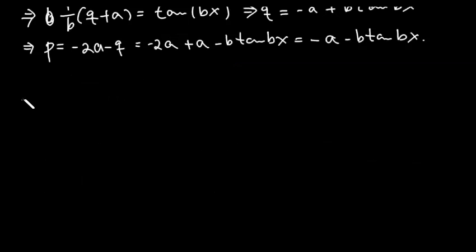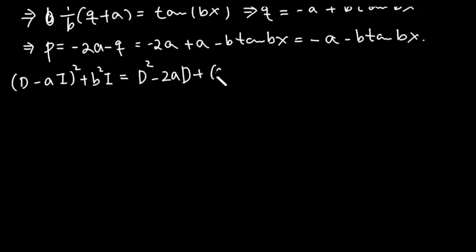So let's put this thing together that we started at the beginning like this. (D minus a)I squared plus b squared I, which is, if you expand it, you have D squared minus 2a D plus a squared plus b squared I. That's kind of the standard form of this quadratic operator.